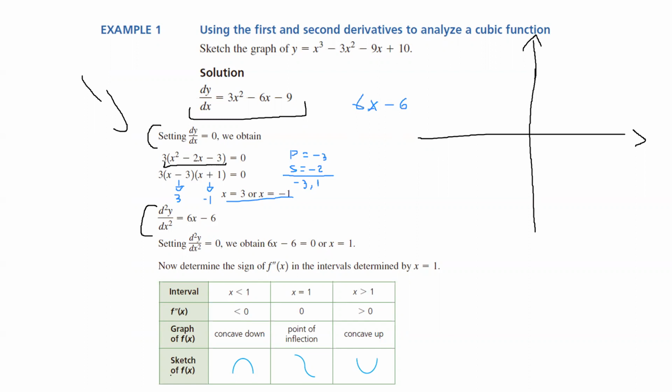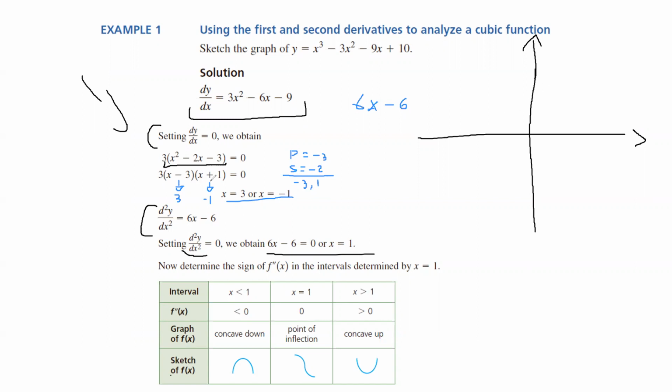Okay, and now we need to say it's equal to 0 again, right? Now we say the second derivative equals 0 and find the values. There is only one possible value when the second derivative equals 0. You factor out a 6 and you get 6 times x subtract 1, and then that becomes a 1 when you set it equal to 0.